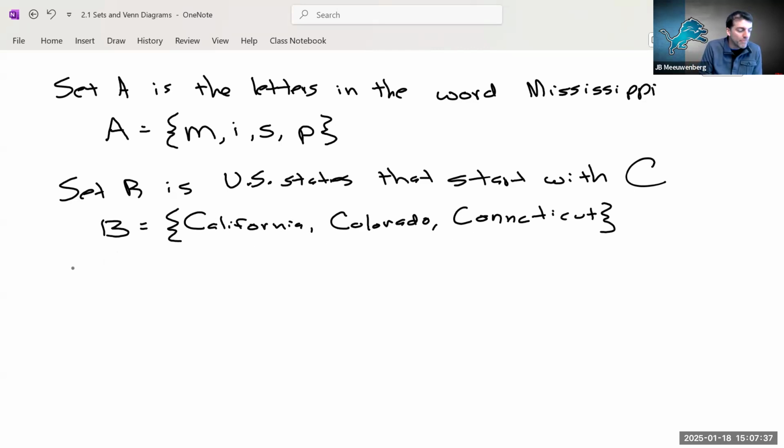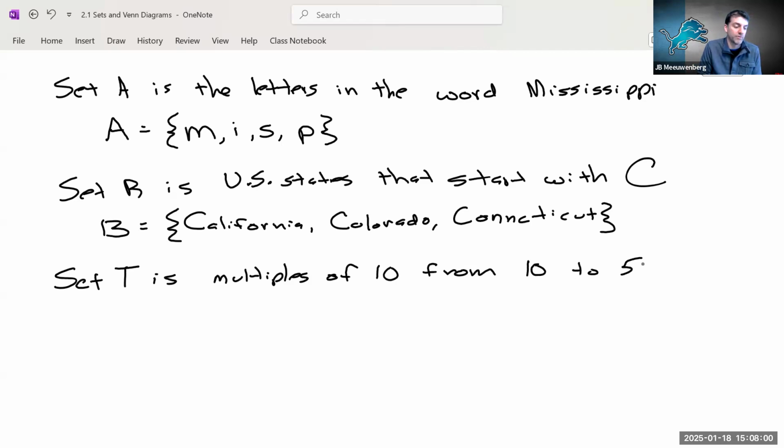Let's do one more, a numerical one. Let's say set T is multiples of 10 from 10 to 500. So set T is all the numbers that are multiples of 10 from 10 up to 500.